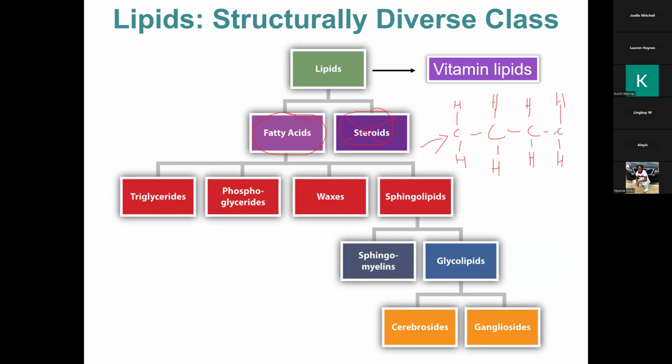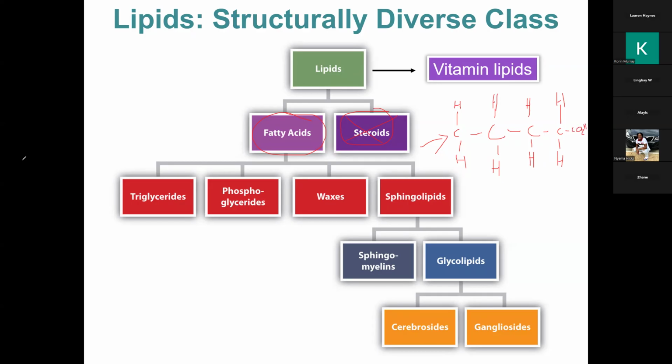We describe this as being saturated, because it is saturated with hydrogen. This would be a saturated fatty acid if it had a carboxyl group at the end.